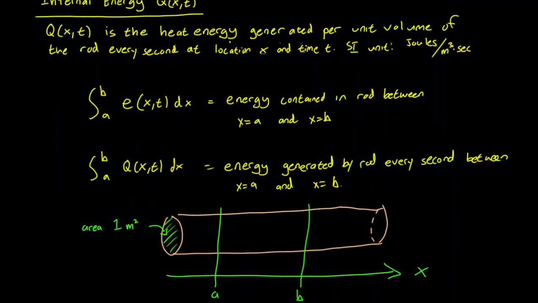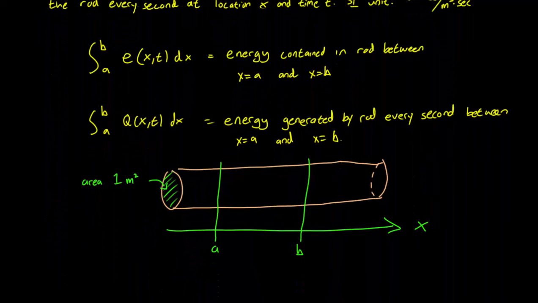We'll also want to consider integrals of E and Q and talk about what they mean. So remember that E(x,t) is an energy density. It tells you how much energy is contained per unit volume of the rod. Now you may remember that there was a formula in physics that told you how to calculate the mass of an object given the mass density, and you would take the mass density and you integrate it. Now the same principle applies here.